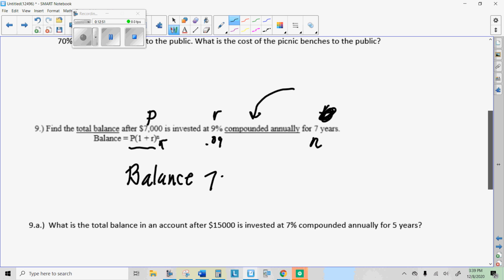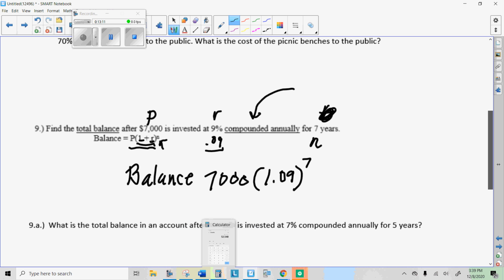Okay, so to get my balance, I'm going to put my principal first, which is 7,000. I'm going to multiply that by 1 plus. Now here's what students forget. They forget to add 1 to the rate. So if I add 1 to this 0.09, I get 1.09. And then my n is 7. Okay?